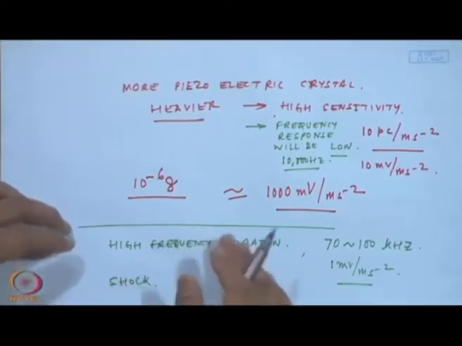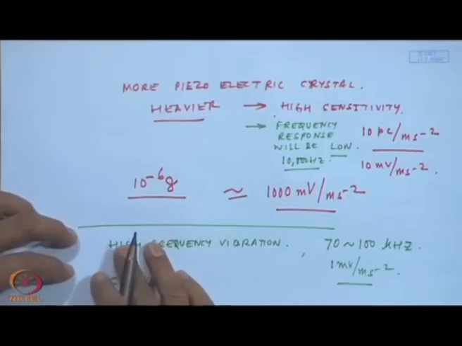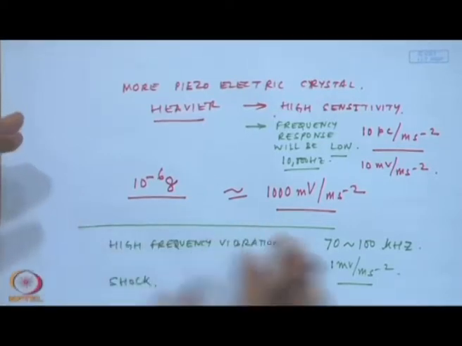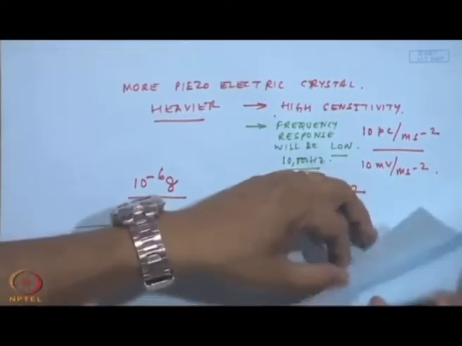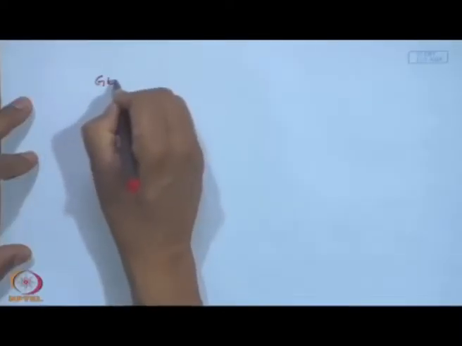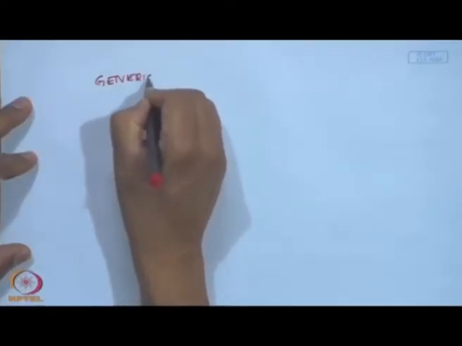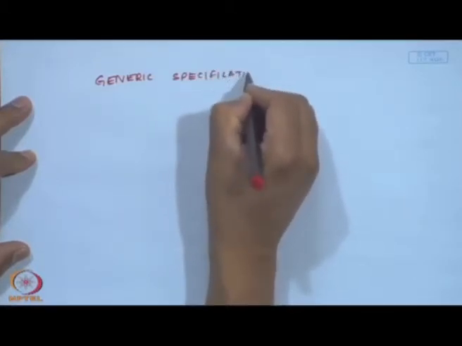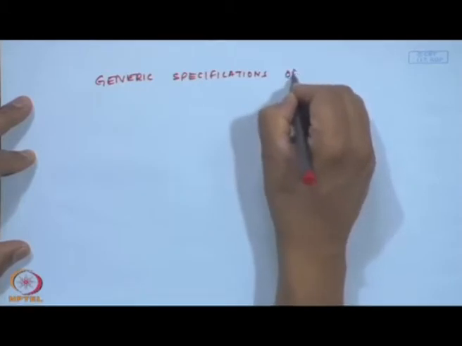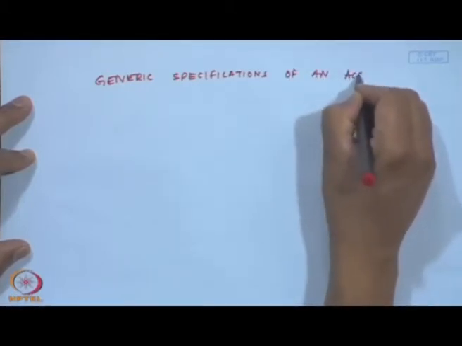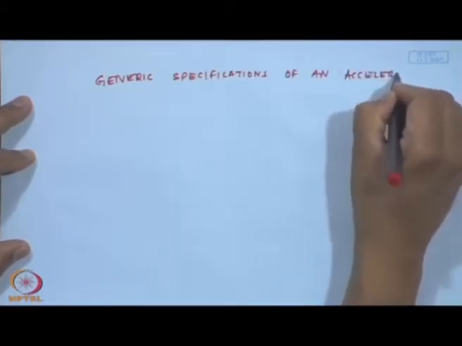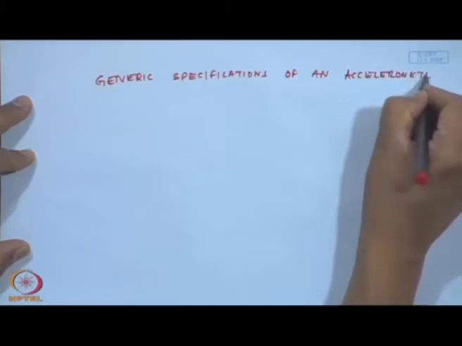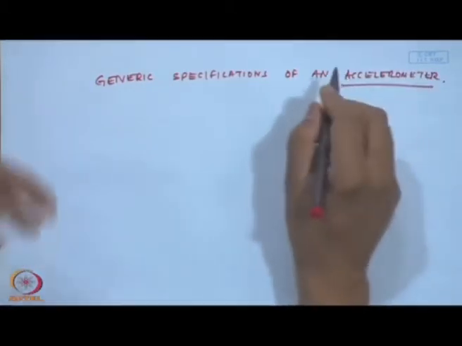If you go to the catalog of any manufacturer, you will see different types of accelerometers made available to you. So, let me just specify the generic specifications of an accelerometer. By accelerometer, I mean piezoelectric accelerometers, and that is what we are going to discuss.